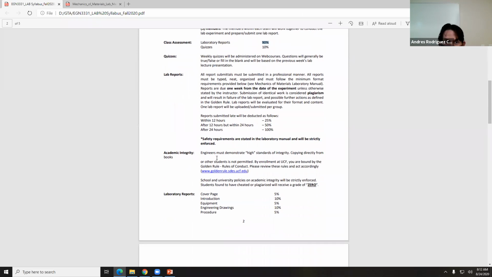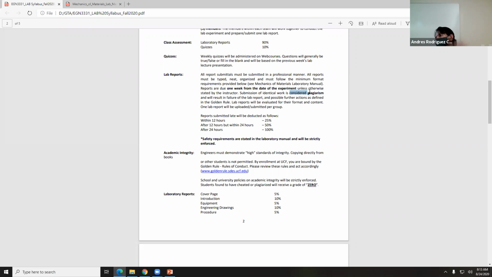About the lab reports, it's very important to review the golden rule that we already have in WebCourses and the UCF web page. You have to consider that plagiarism is very dangerous here at UCF.